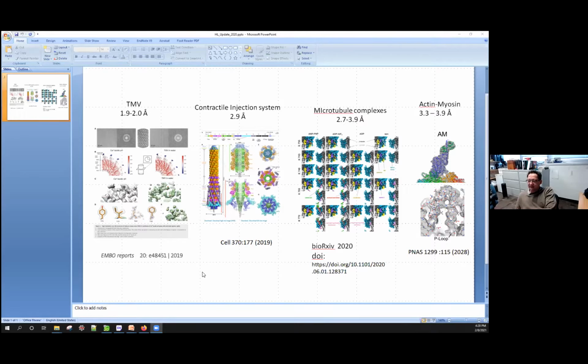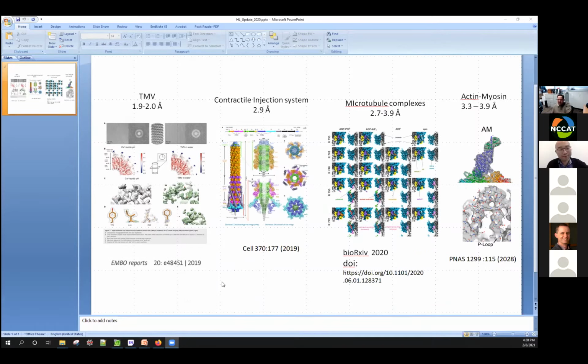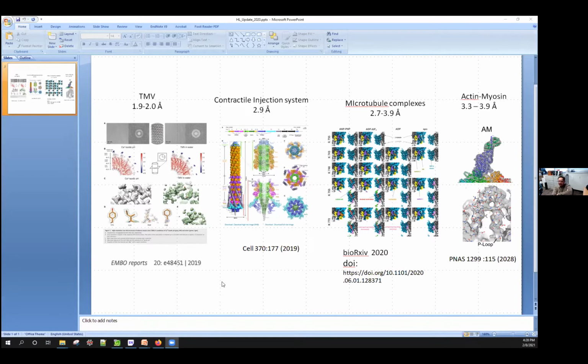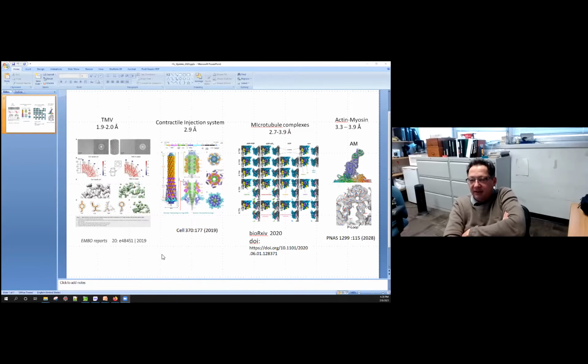Okay, last call for any questions for Hernando. Otherwise, Hernando, do you have any last words on the technique of helical reconstruction? So yes, in general, it's an approach that I would use because it's the physiological specimen. Microtubules are one example, and there are many examples in biology of helical filaments.